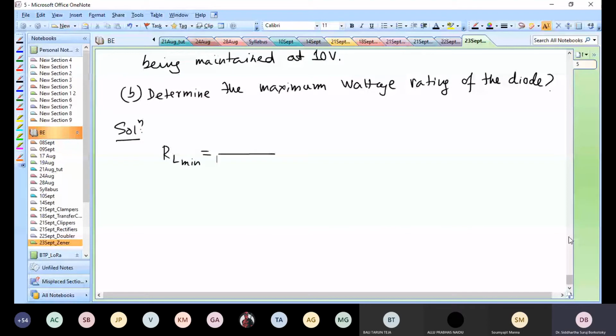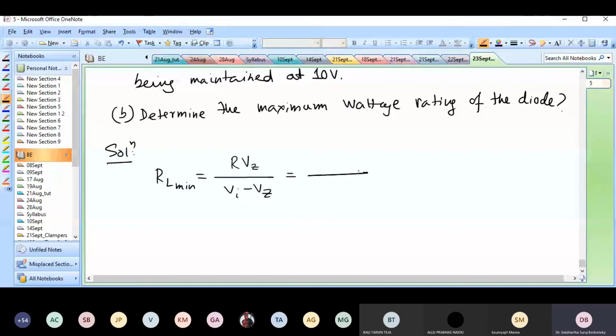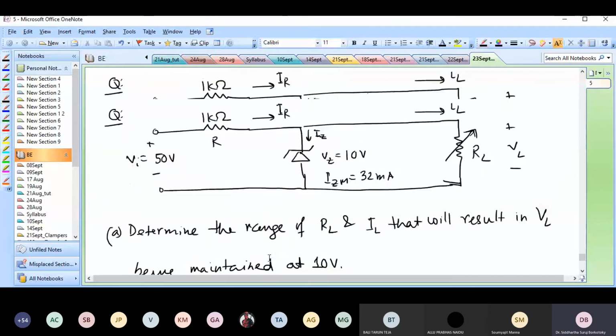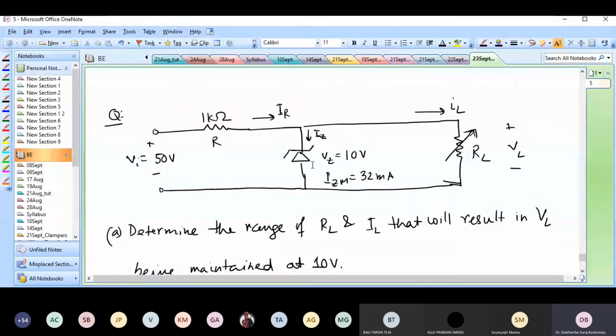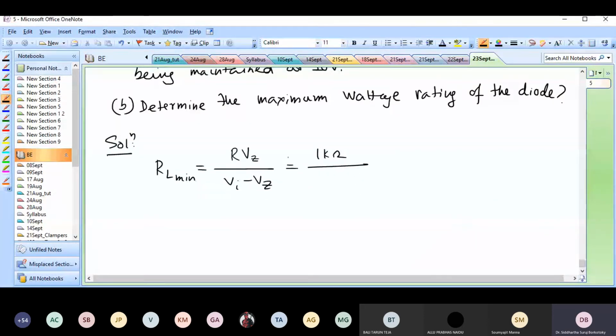Now, R was 1 kilo ohm. R is 1 kilo ohm, VI is 50, Vz is 10. So 1 kilo ohm times 10 volts over 50 volts minus 10 volts. This becomes 10 kilo ohms over 40 volts, so that is 250 ohms.